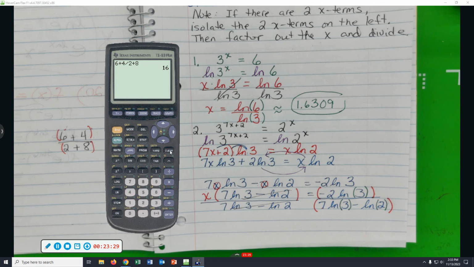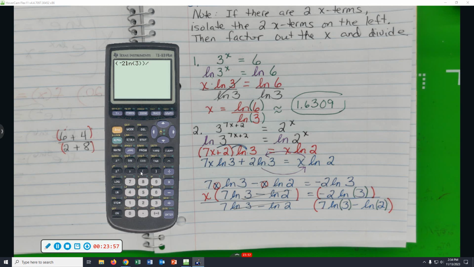So let me just start punching this in. Parentheses, -2. Here's the negative key. This is the subtraction key right there. Here's the negative key. -2 ln 3 close, close. If I don't put both sets of parentheses there, it's going to give me the wrong answer.